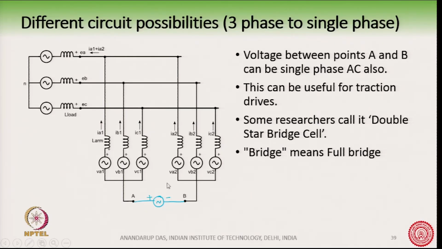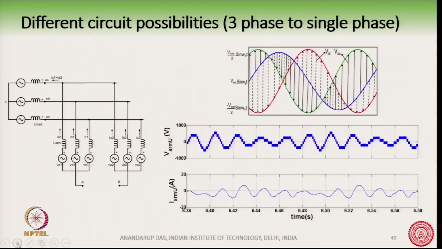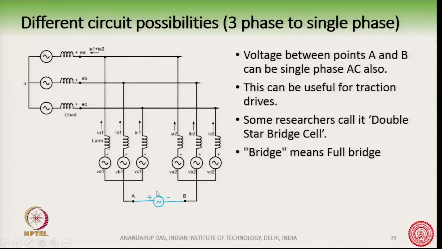That means the voltage magnitude here will vary. This is also shown here. So, the voltage is varying at this point.